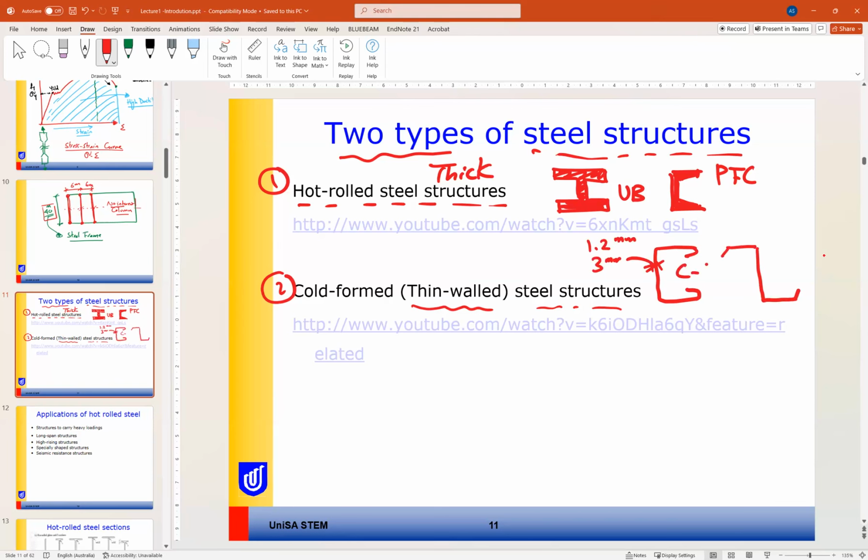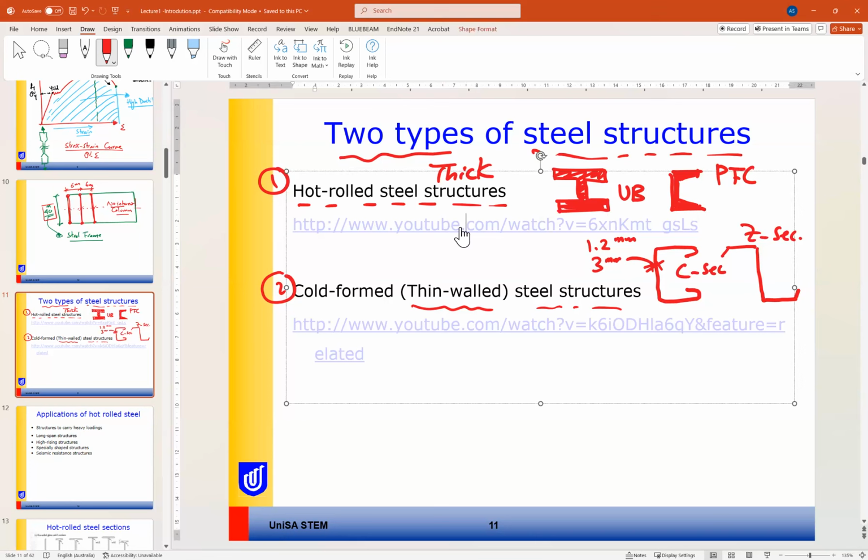So these are the two common sections we have, and we have two videos to watch to see how the hot rolled and cold formed steel are manufactured. So let's open the first video quickly here.